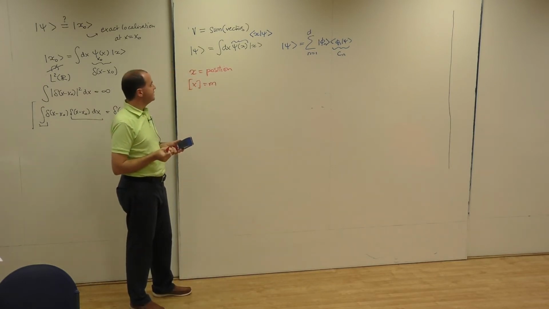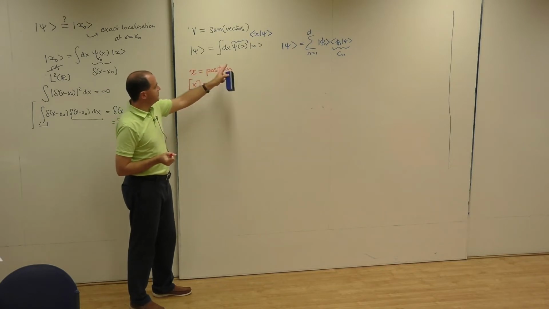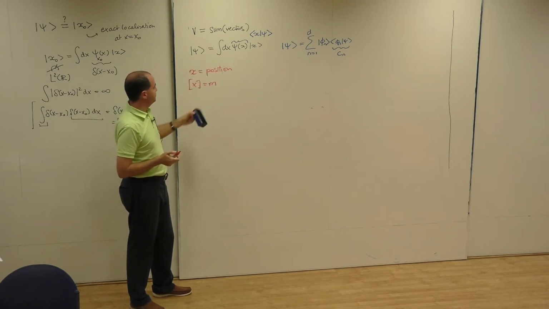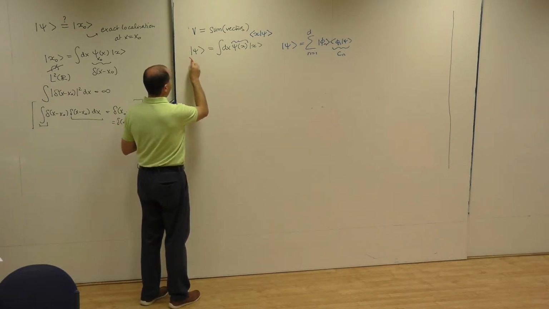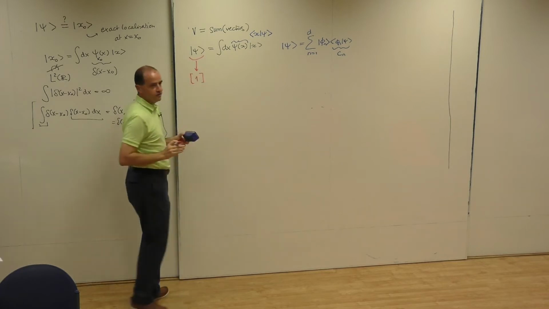Now, let's see what are the units in this expression. This is a vector, so this is unitless. The unit is a number.